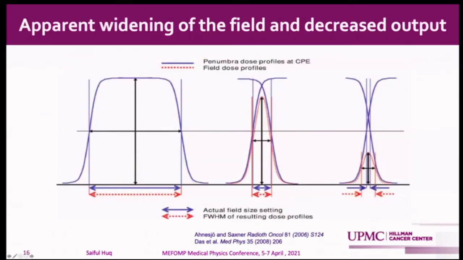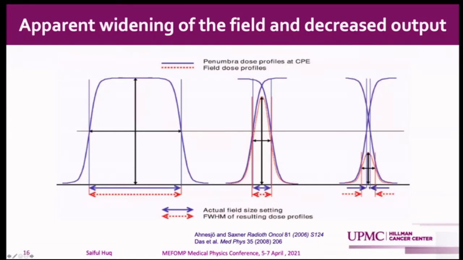So there are consequences of this. An important consequence of this overlapping penumbra is that, contrary to broad beam geometry, where the full width half max that we measure at 10 cm depth matches the collimator setting, in small fields the field size determined by the full width half max of a dose profile that we measure, say, at 10 cm depth and normalize to the central axis, does not coincide with the jaw setting.